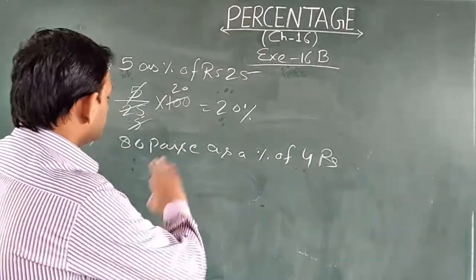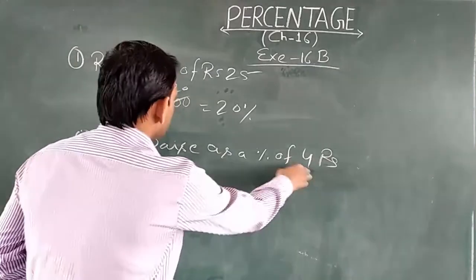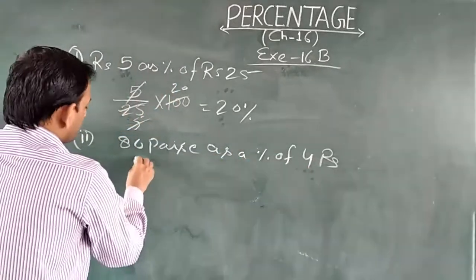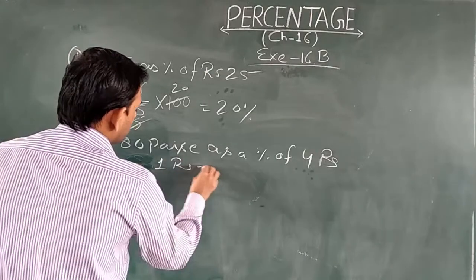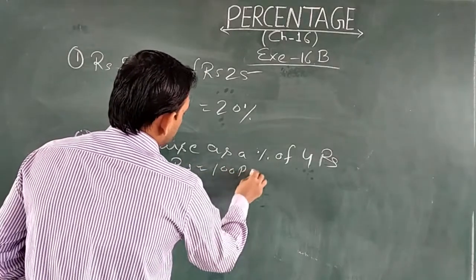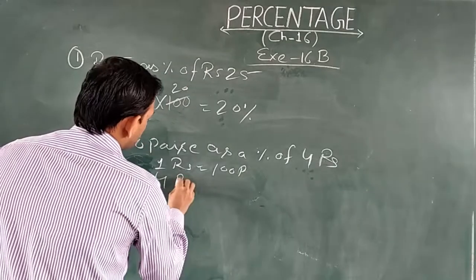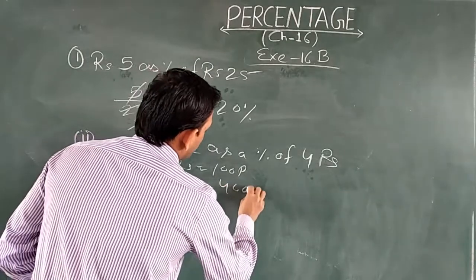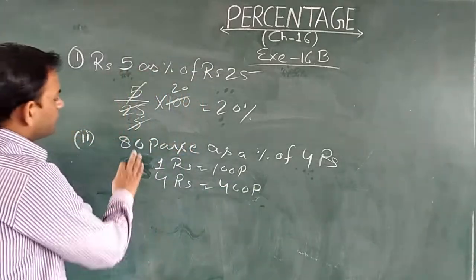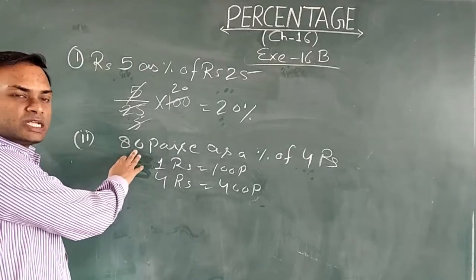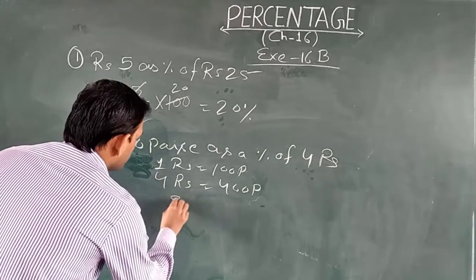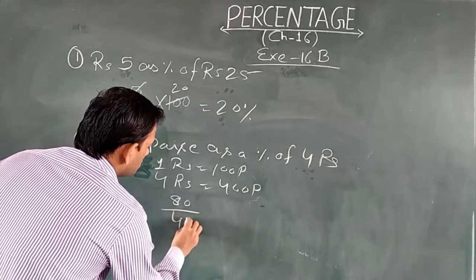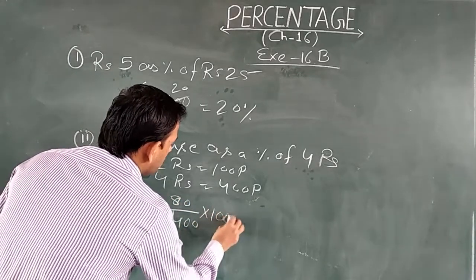So first of all we will change the unit, we will change rupees into paise. As you know, 1 rupee is equal to 100 paise, so 4 rupees will be 400 paise. Now you will find the percentage of 80 paise out of 400 paise. So it will be 80 upon 400 into 100.